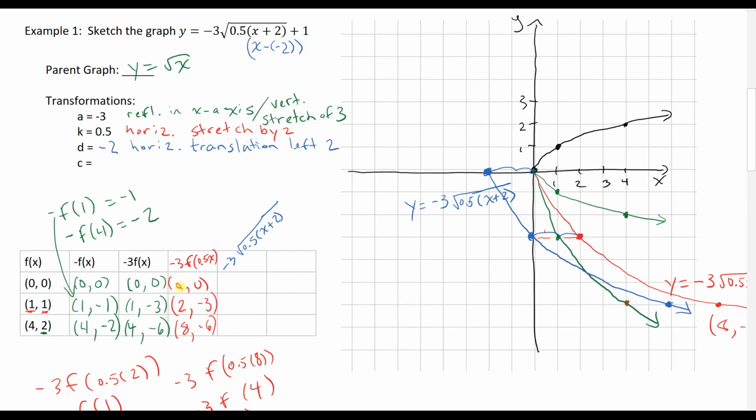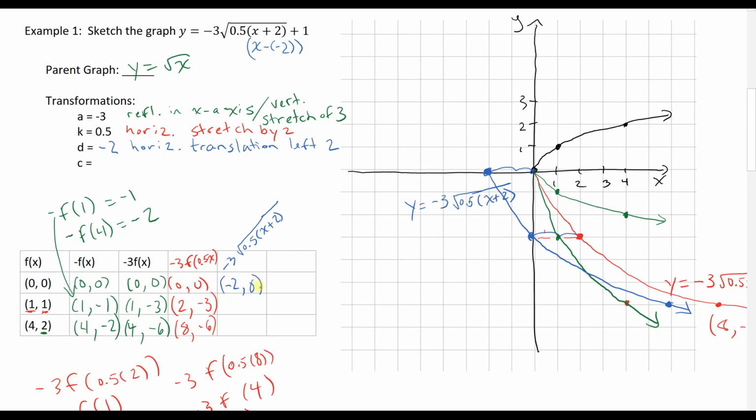Because if inside the function is a 0, I know f is 0. Kind of confusing how you think about it, sort of like working backwards. So if I put in a value of -2, we get -2 plus 2 is 0, times 0.5 is 0, square root of that is 0, times -3 is 0.